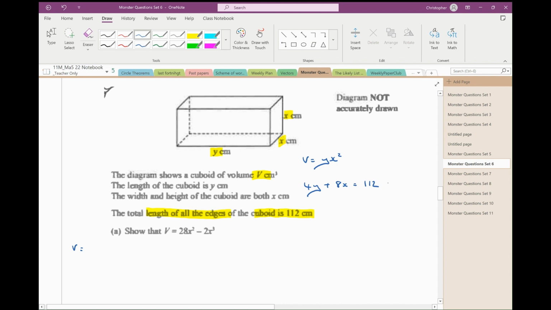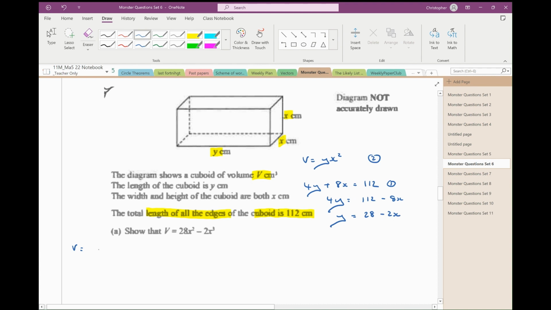So what I'm going to do is use equation 1 to derive an expression for y, and then substitute that expression for y into equation 2. So I've rearranged equation 1 to give me y equals 28 minus 2x.